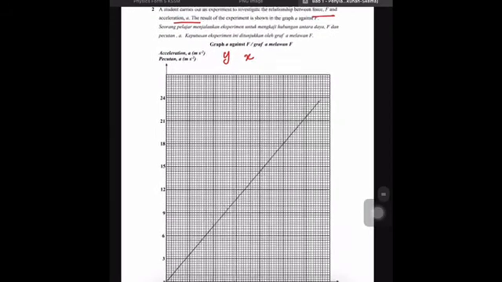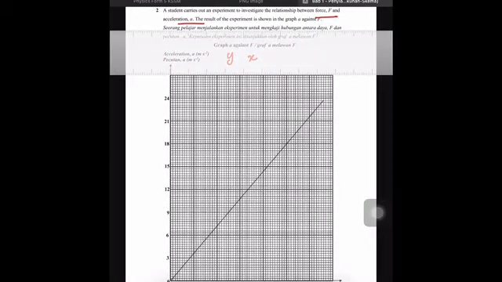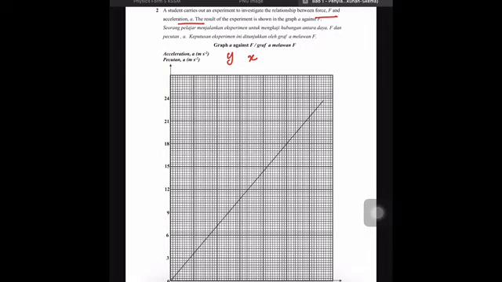So what you need to do is use your ruler to extrapolate.